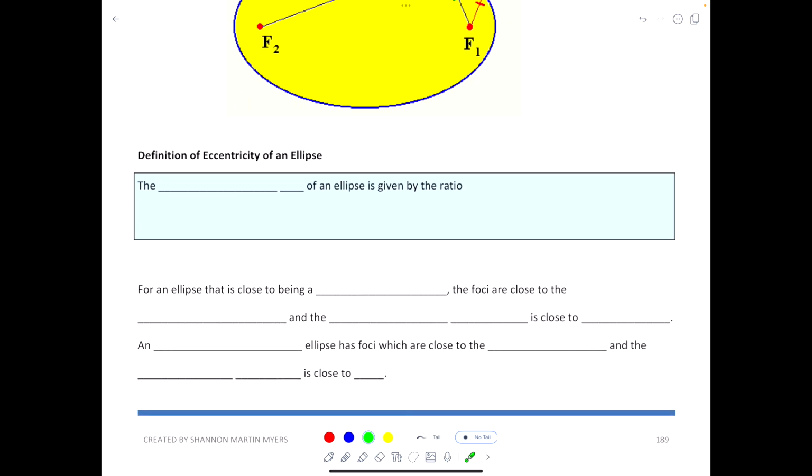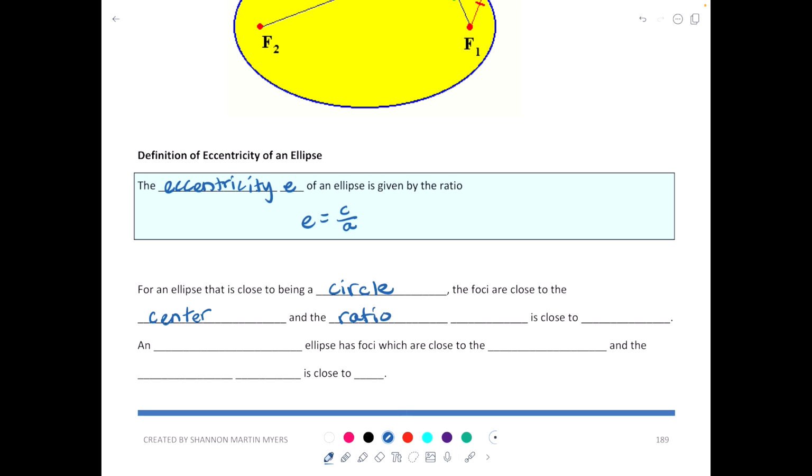Now, the eccentricity of an ellipse is denoted by E, and it's given by the ratio E equals C over A. For an ellipse that is close to being a circle, the foci are close to the center, and the ratio C over A is close to 0.